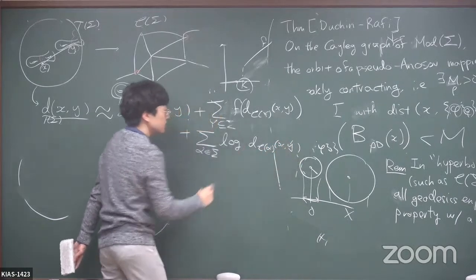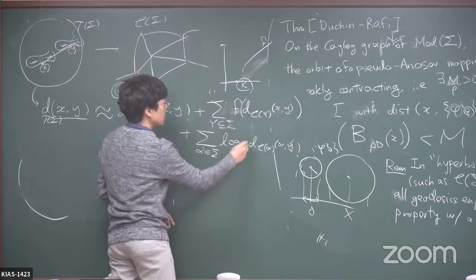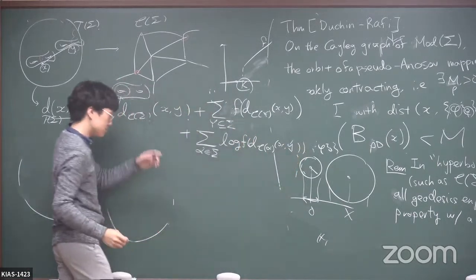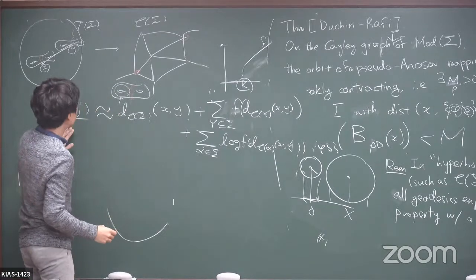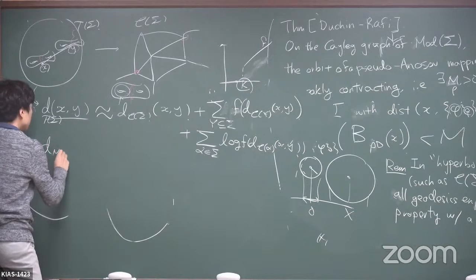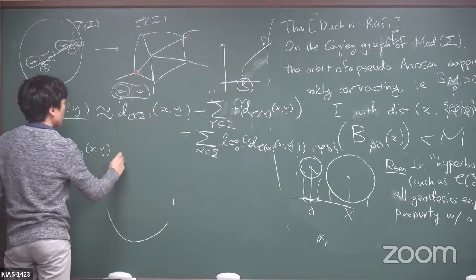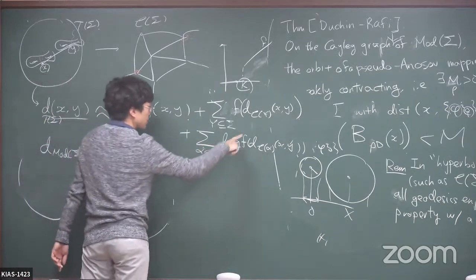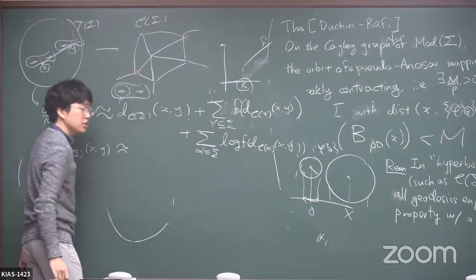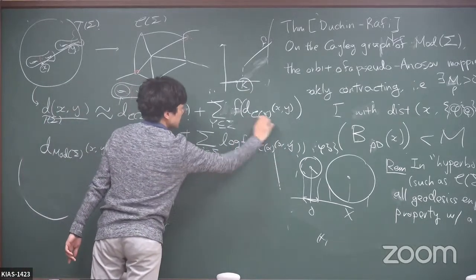You add log instead of just plain. This is the Teichmüller space distance. And for the mapping class group, I think you're not requiring this term to be log, but just plain distance.